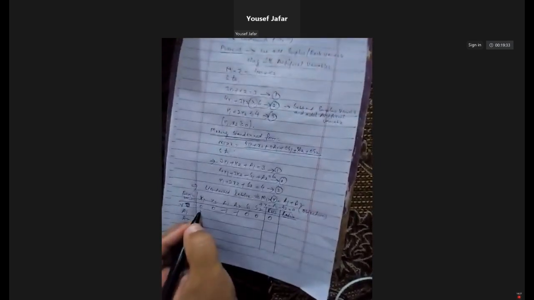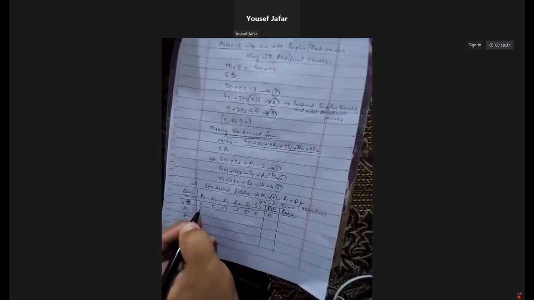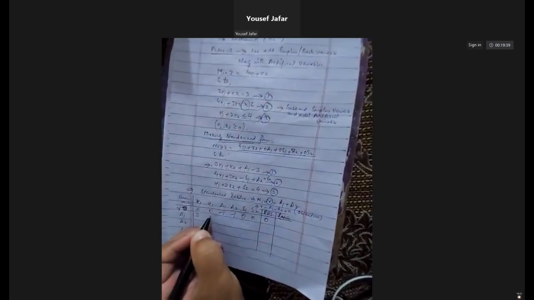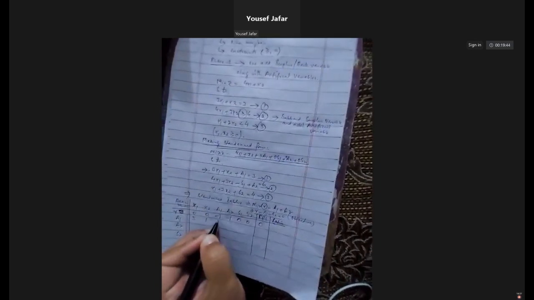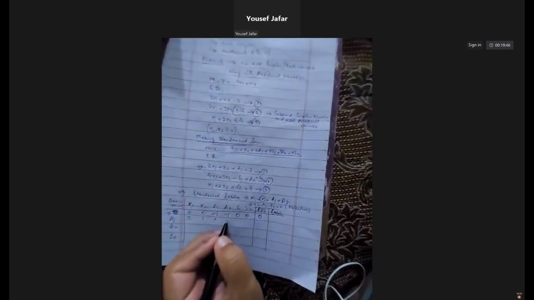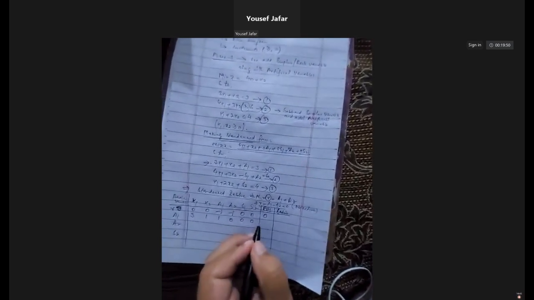Now the coefficient of x1 in the first constraint is 3. The coefficient of x2 is 1, a1 is also 1, a2 is 0, s1 is 0, s2 is also 0, and the right hand side is equal to 3. So we will put 3 over here.